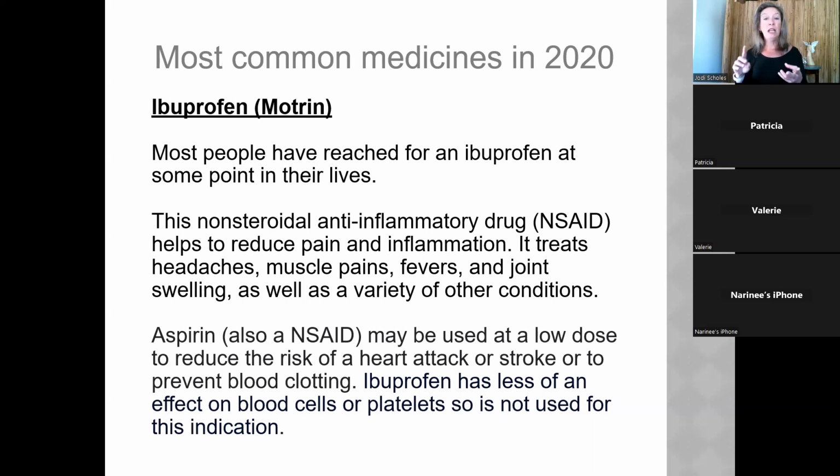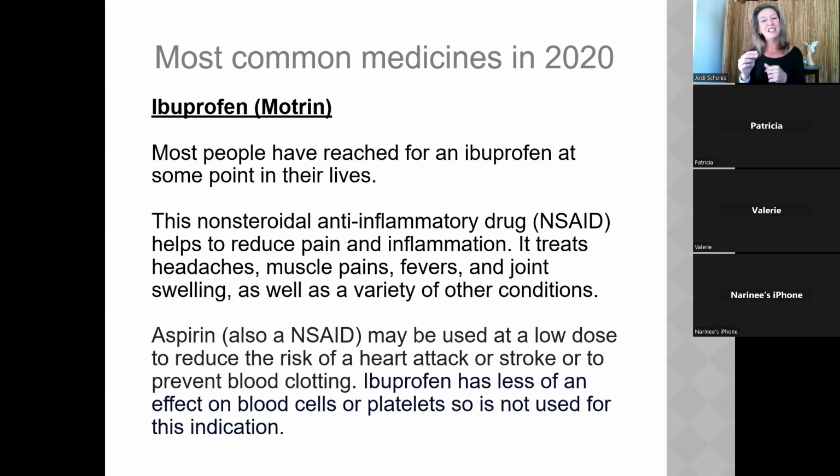So it helps to reduce pain by reducing inflammation. It treats muscle pain, headaches, and joint swelling. Some people take an aspirin to help reduce their risk of heart attack because it reduces inflammation, and it helps to prevent blood clotting.